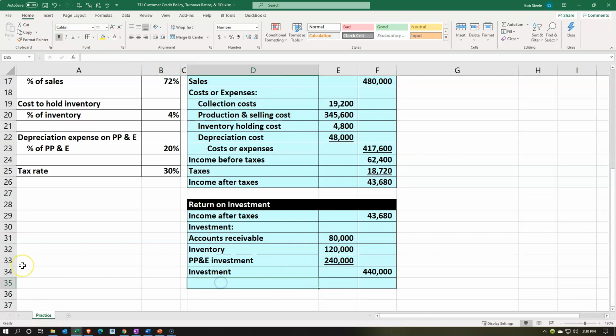And then we're going to get the return on investment, which is going to be equal to the 43,680 divided by the 440. Let's make that a percentage, Home tab, Number group. We could increase a few decimals if we so choose. We're at the 9.93. I'm going to then underline here, Home tab, Font Group, and Underline.